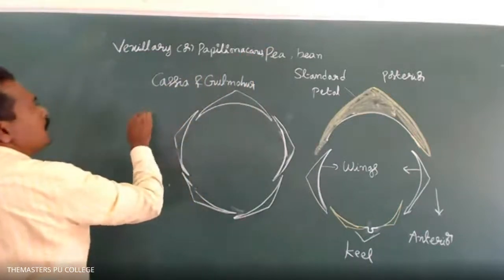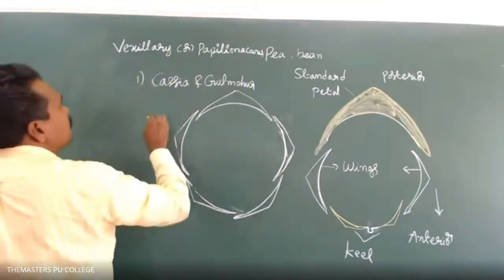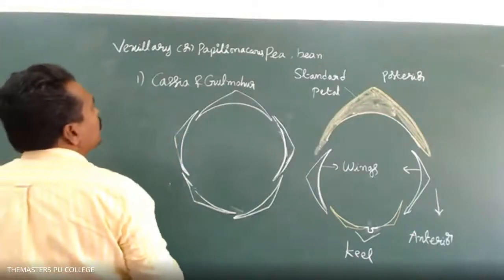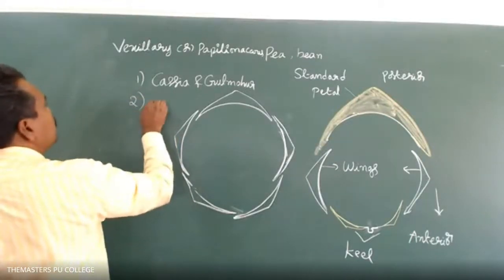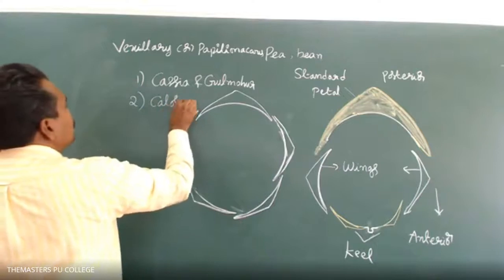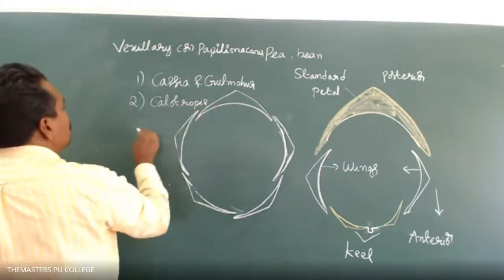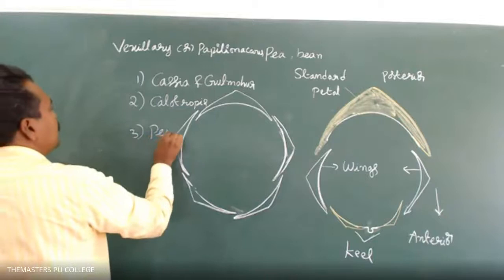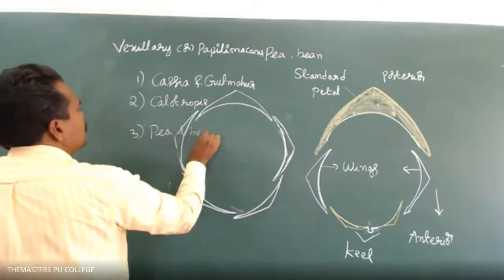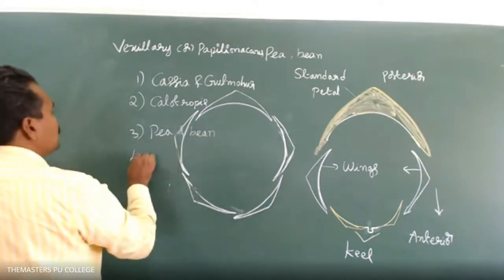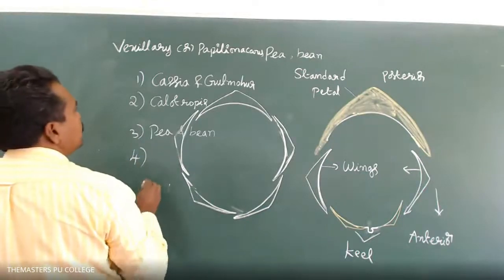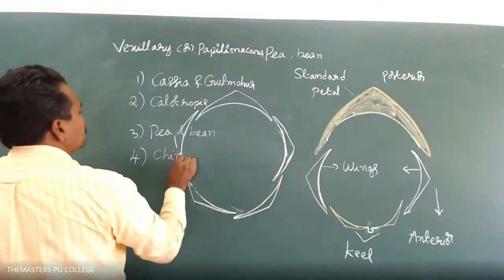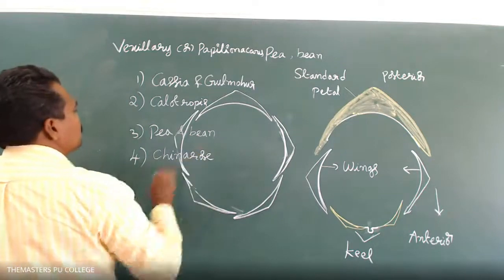Papilionaceous aestivation is seen in: option 1, Acacia and Gulmohar; option 2, Calotropis; option 3, pea and bean plants; option 4, China rose. What is the answer? Option 3, pea and bean. Right.